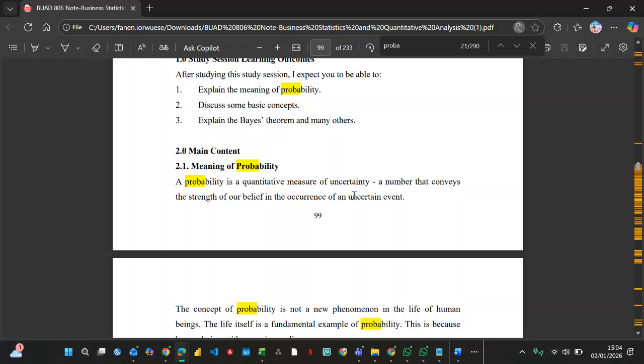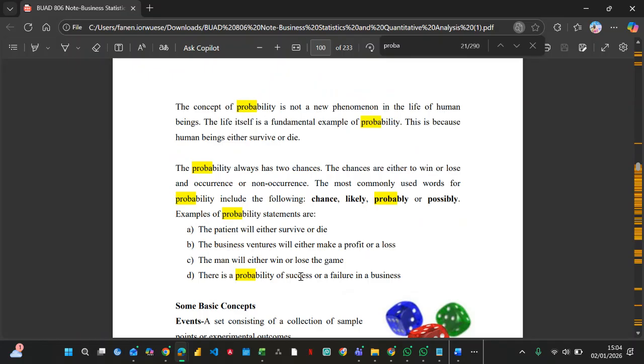So now the meaning of probability. Probability is a quantitative measure of uncertainty, right? A number that conveys the strength of our belief in the occurrence of an uncertain event. It is something we are not sure of happening; it may happen, it may not happen.